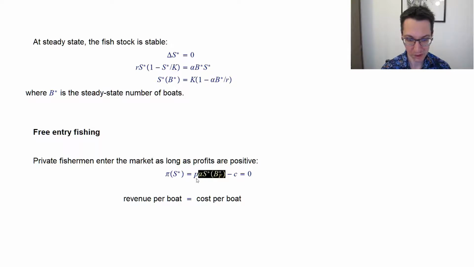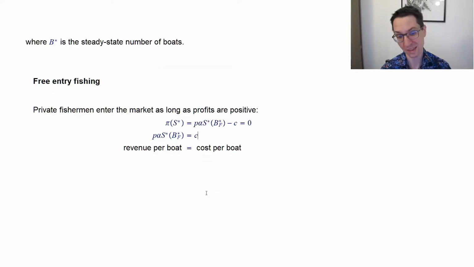So what I can just use is that this left part here has to be equal to that right part here. So the revenue per boat is price of fish times catches that are a function of the stock, which is itself a function of the number of boats, and has to be equal to the cost per boat.